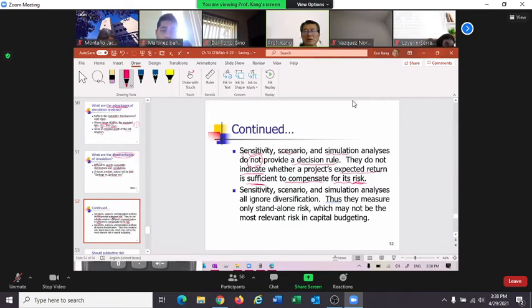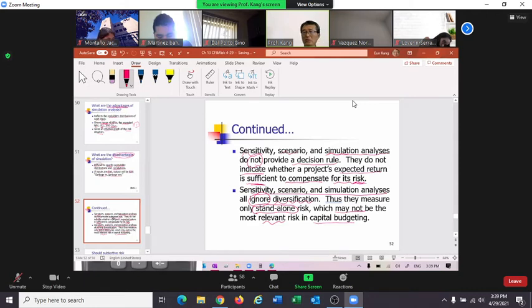In other words, sensitivity, scenario, and simulation analysis all ignore diversification. So even though simulation analysis is the most advanced, they still measure only standalone risk, which may not be the relevant risk in capital budgeting, right? So that's the inherent risk.